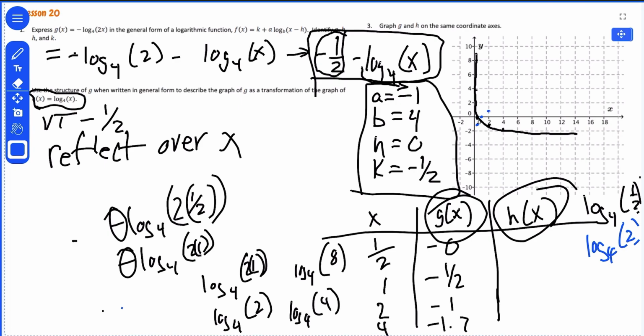And if we do 4, it's going to be 1. Okay, so it's going to look something like this. Anyway, you can see that it's reflected over the x-axis, and it's going to be a vertical shift down 1, or down 1/2, I'm sorry.